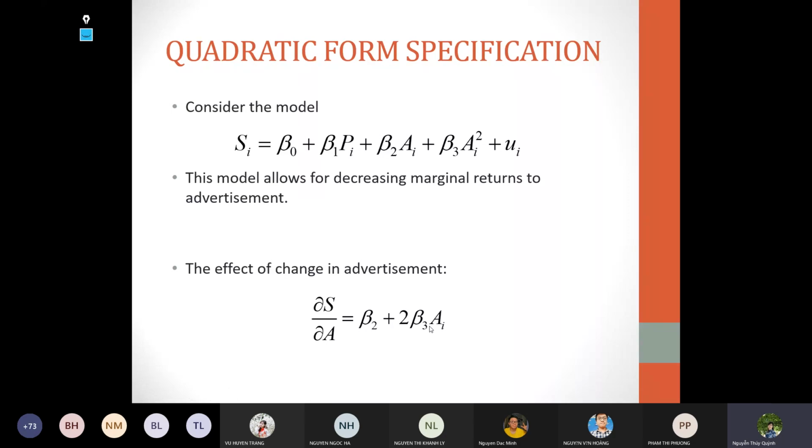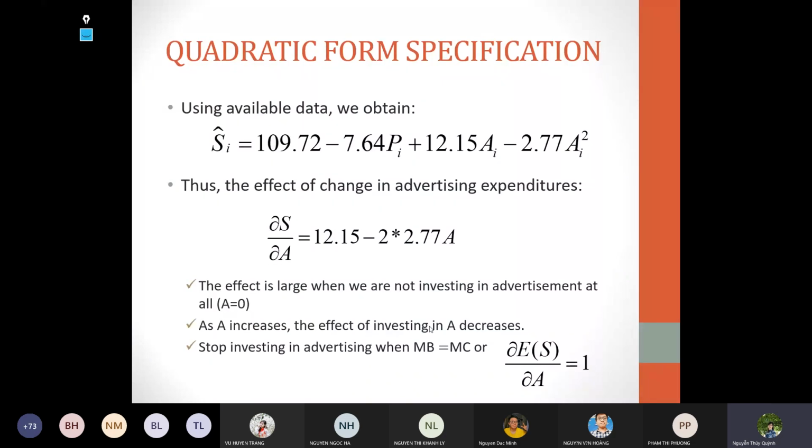So if we still use the available data that we used to estimate the first model, we obtain the following estimated model for the second one: estimated sale equals 109.72 minus 7.62 times P plus 12.15 times A minus 2.777 times A squared.